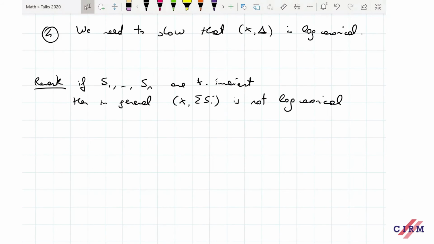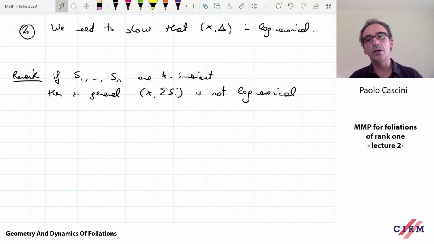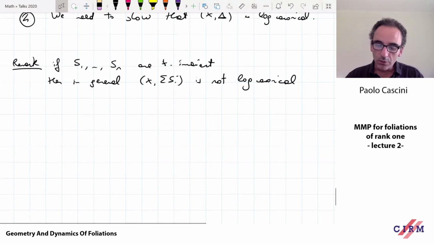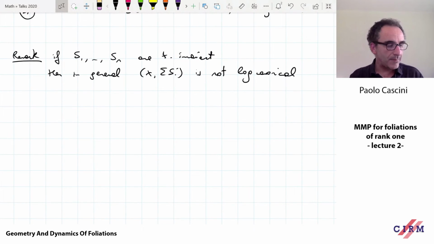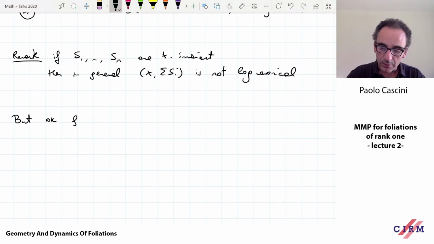This is a technical word, but what it means is that if it's not log canonical, it would be not log canonical along a curve. So let me give an idea of the proof of this. So let's suppose that, so what we're going to show is that, so let's consider, this is true for close point.